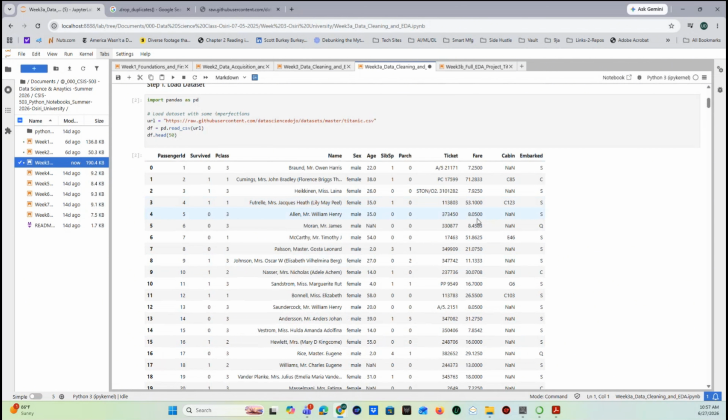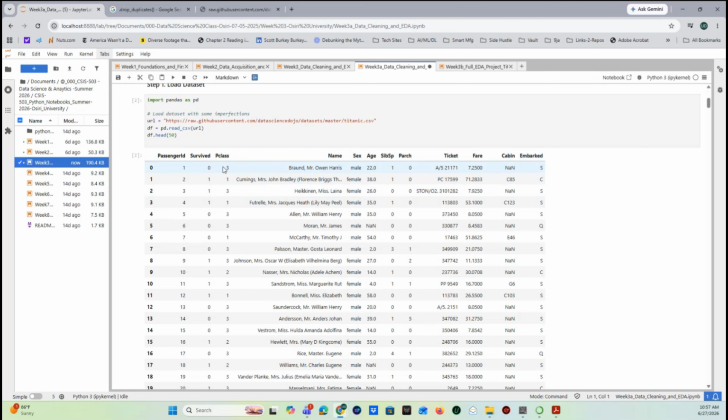So we can see, and this is real life data of the people that were involved in the Titanic incident. So we have the passenger ID. We're trying to figure out whether they survived or they didn't survive, 0, 1. What passenger class they were in. There were 3 passenger classes: first class, second class, third class.